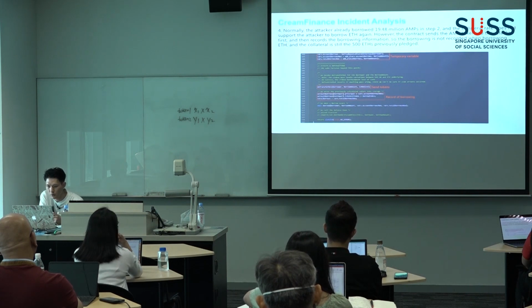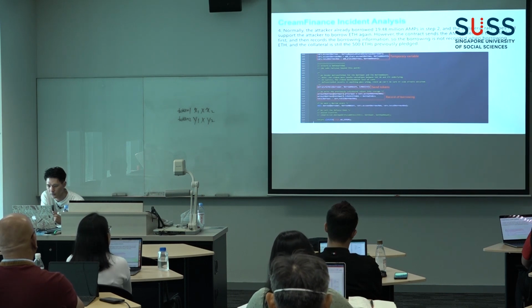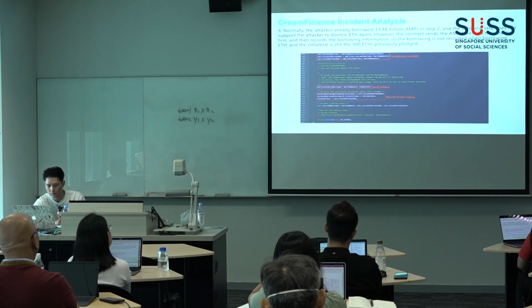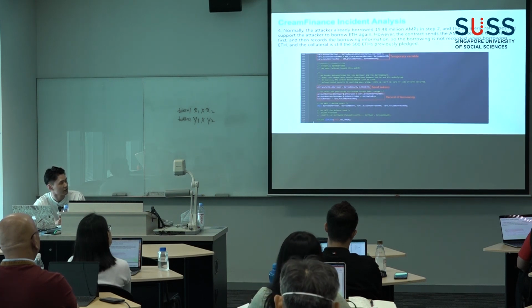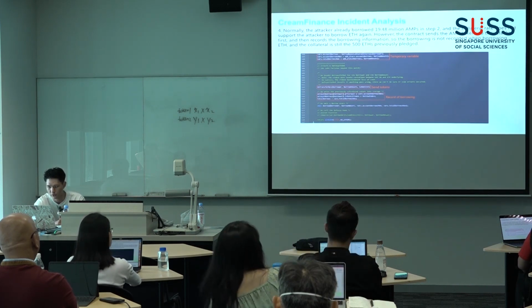So the attacker already borrowed 19 million AMP in step 2, and the collateral rate does not support the attacker borrowing ETH again. However, the contract sends the AMP token to the attacker first and then records the borrowing information. So the borrowing is not recorded when borrowing ETH, and the collateral is still the 500 ETH previously pledged. Similar to yesterday, where the attacker uses his balance once to withdraw assets multiple times, the attacker uses collateral to borrow multiple assets way above his collateral's value by using a reentrancy vulnerability.